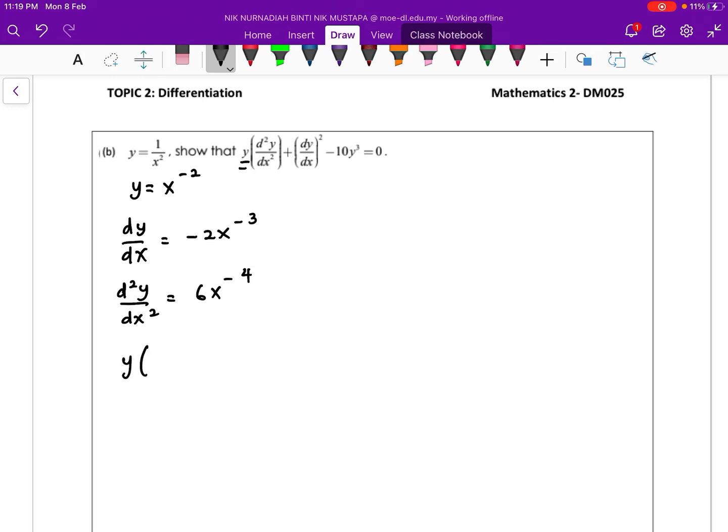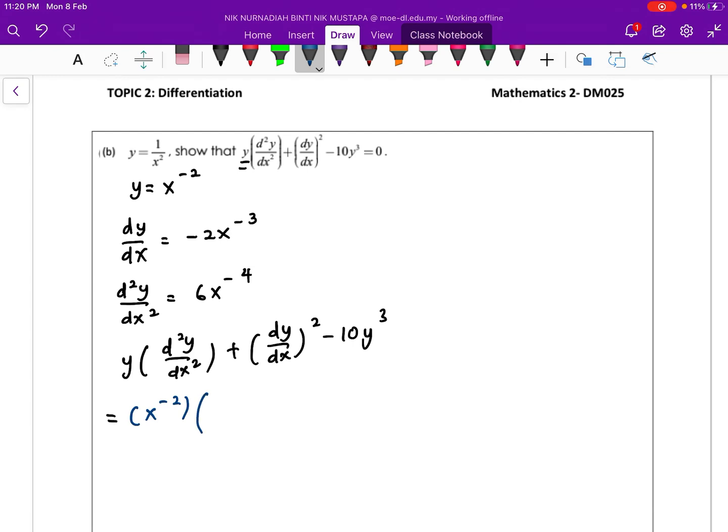So our d2y over dx square plus dy over dx square minus 10y cube. Okay, this one equal to, our y is x to the power of negative 2, and then our d2y over dx square is 6x to the power of negative 4 plus dy dx square.